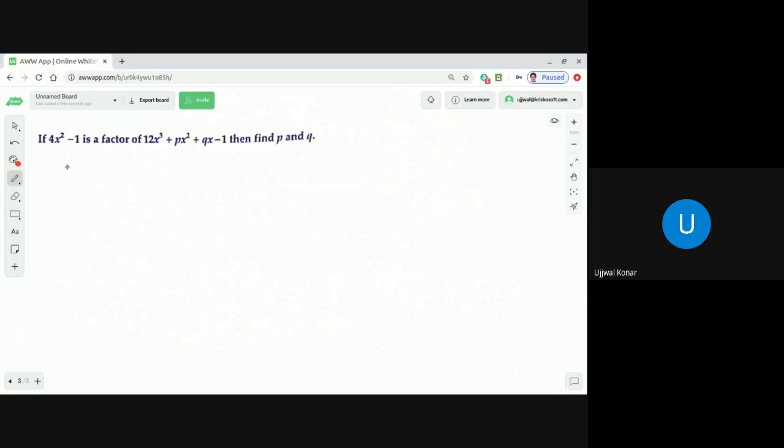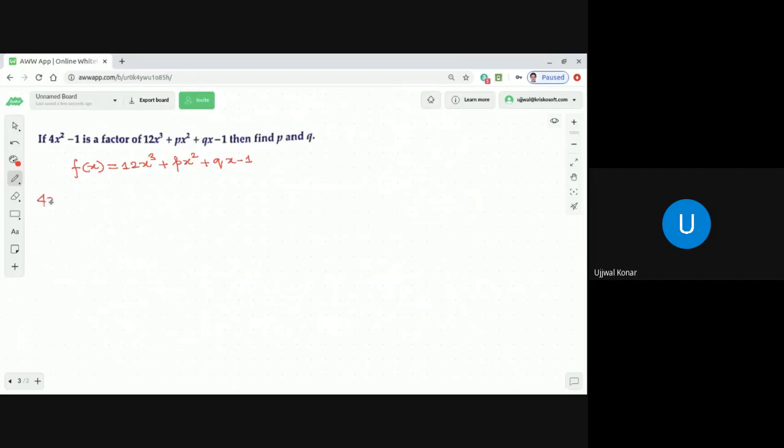The moment you see this, first we need to write fx. Which one is fx? 12x cube plus px square plus qx minus 1. And this fx is getting divided by 4x square minus 1.